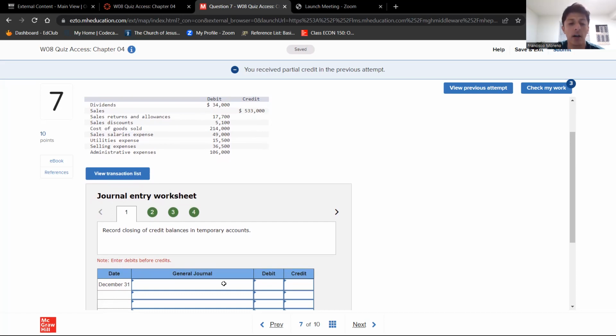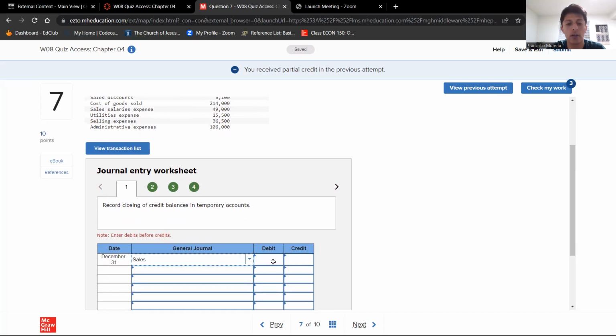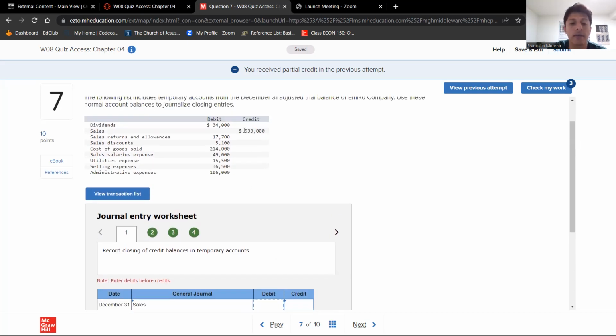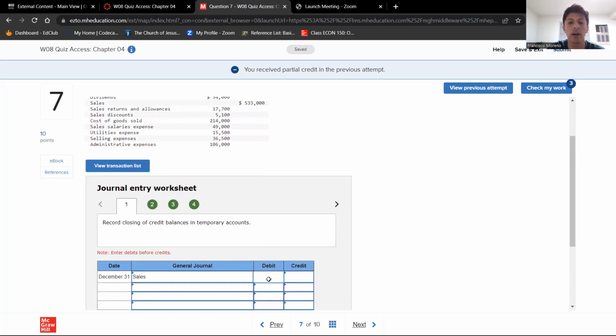In this case, we have our sales account and it has a 533,000 credit balance. So we're gonna go ahead and put the same amount, but in the debit side. And now we know that we need a credit into the journal with the same amount.